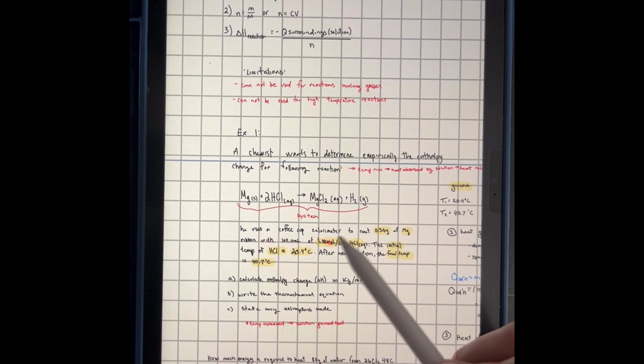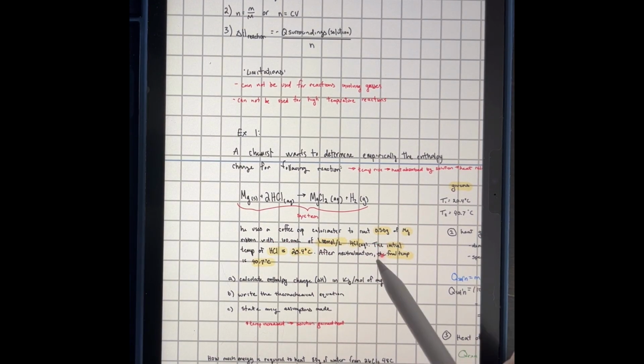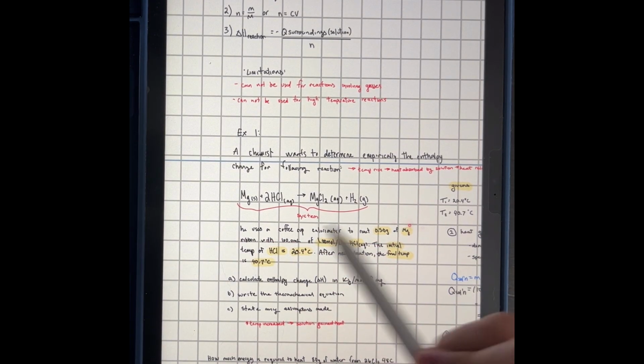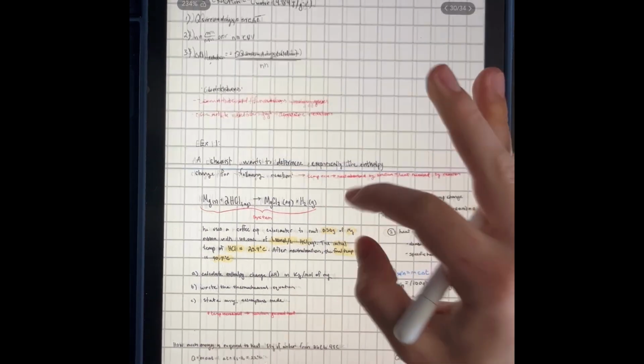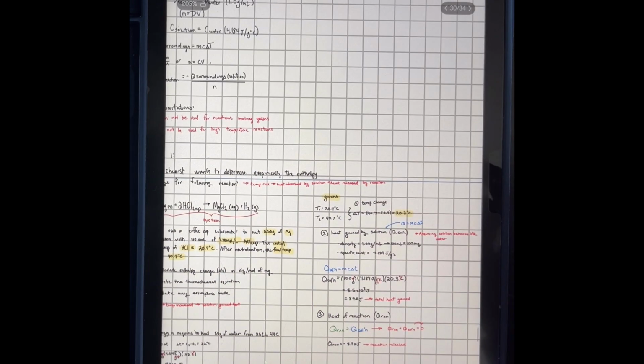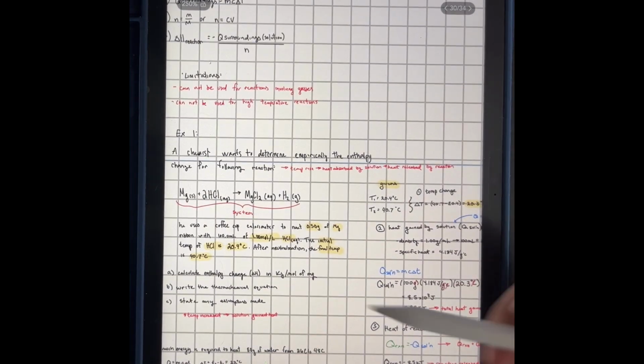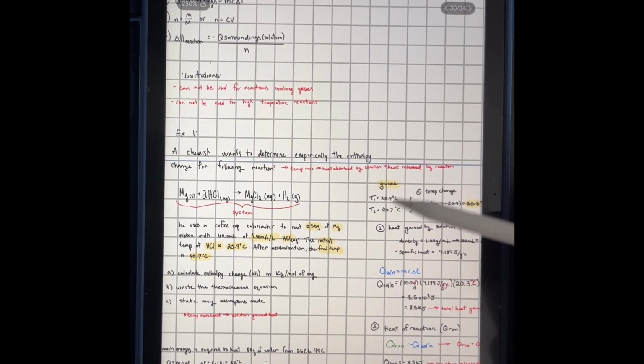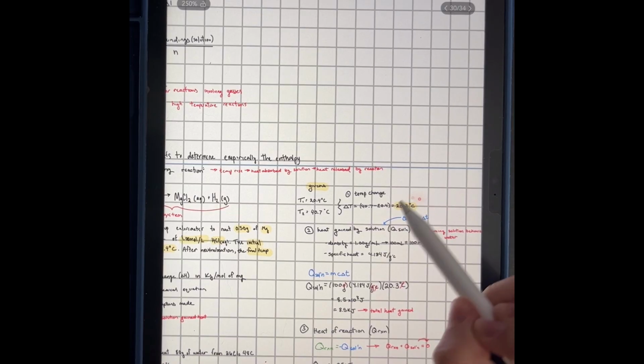He uses a coffee cup calorimeter, and we're given all the values essentially in this paragraph. So we have our T1 and our T2, 20.4 degrees Celsius and 40.7. So our delta T is going to be 20.3 degrees Celsius.